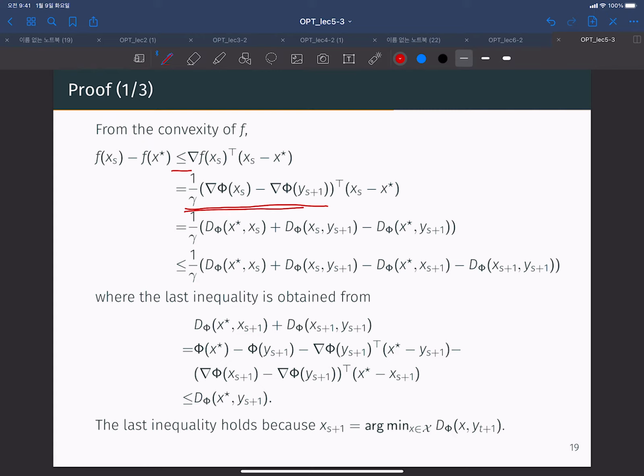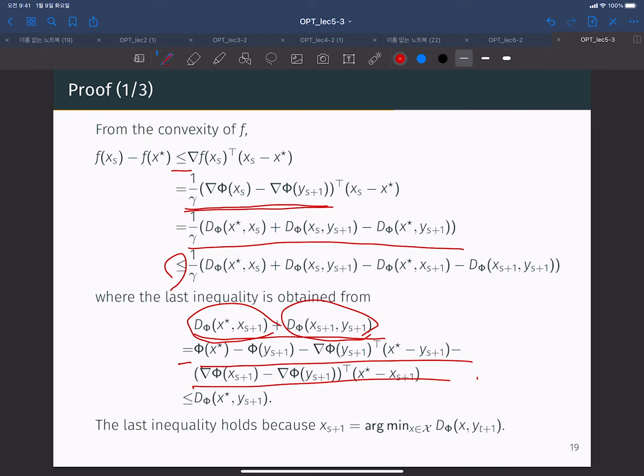So this is equal to the gradient of f. This comes from the simple equation, from the definition of Bregman divergence. And for this inequality, we use this property. I just rewrite the definition of the Bregman divergence of these two, and then rearrange them.